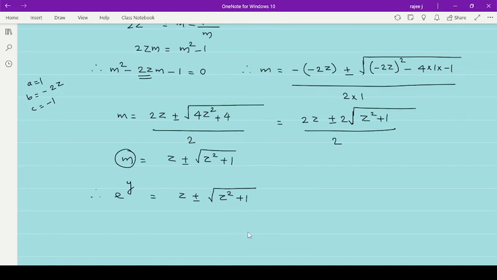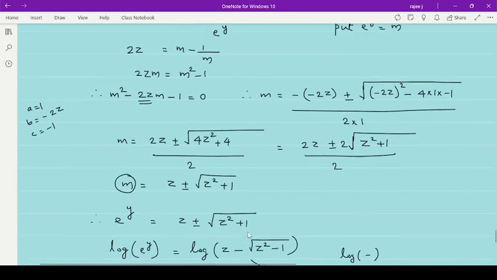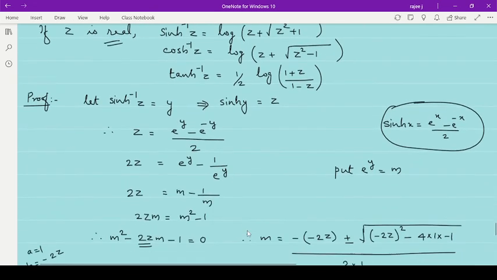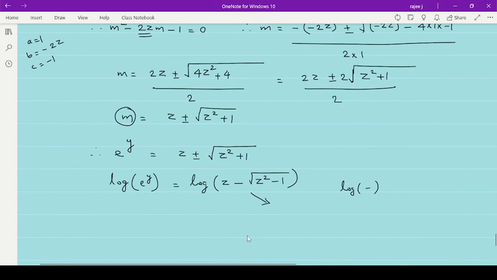Taking log on both sides, you will get log of e raised to y is equal to log of z plus... Now here we will put only the plus value, because if z minus the root is going to be a negative number, then you will get log of a negative number, which is a complex number. We started with z real, so we cannot take the minus here.